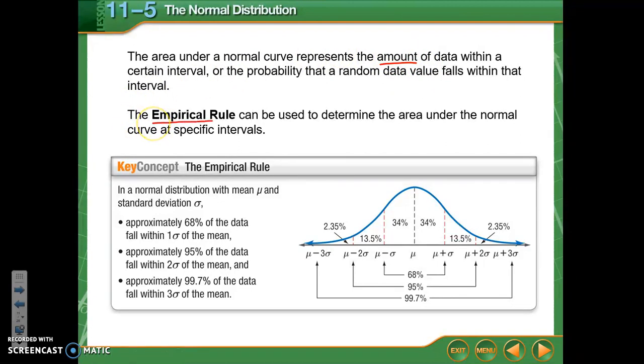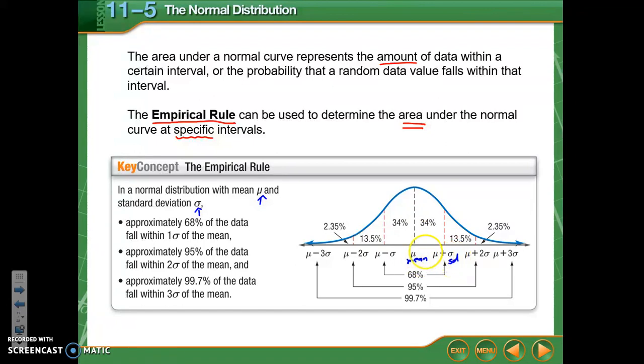So we use something called the empirical rule to figure out the area under a normal curve at specific intervals. Later we're going to see what happens if our intervals aren't as specific as they are here. The empirical rule says if I have a normal distribution with a mean of mu and a standard deviation of sigma, mu, my mean, is here in the middle, and then this is plus or minus sigma, the standard deviation.